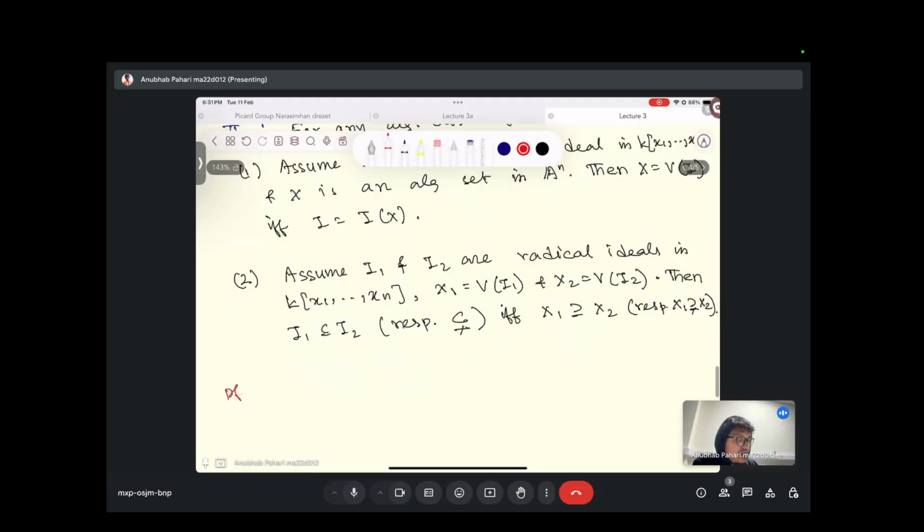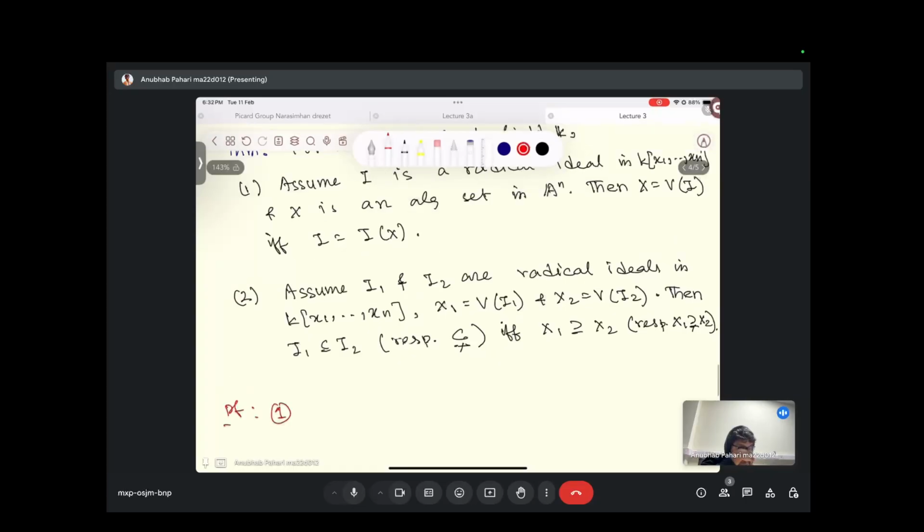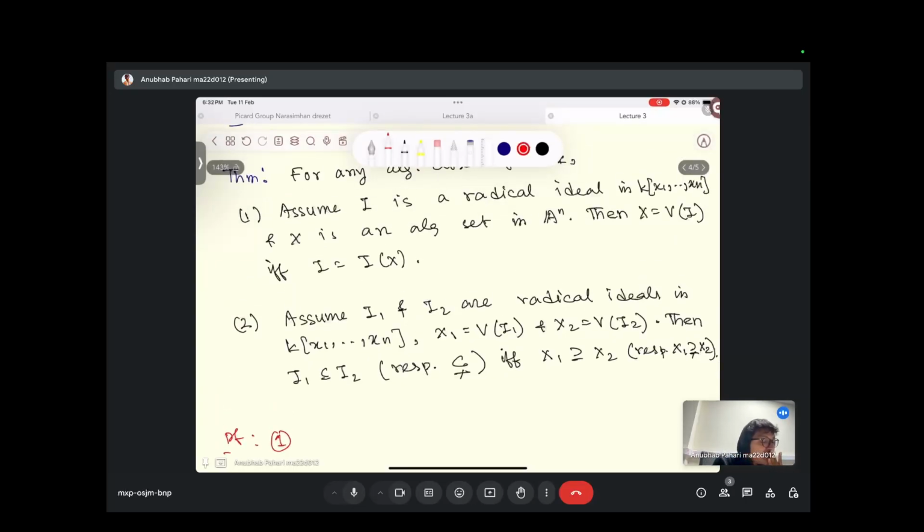So for the proof of this theorem, we will first prove one, that is, assume that I is a radical ideal in K[x1 up to xn], and X is an algebraic set in A^n, then X equals V(I) if and only if I equals I(X).